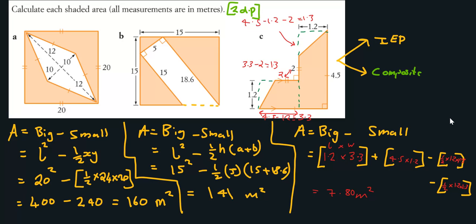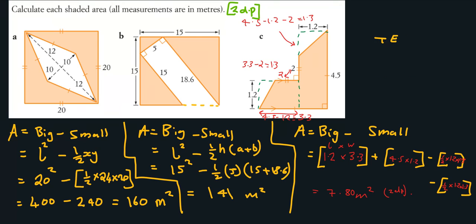Okay, so it's really important to check your work. Also to put your degree of accuracy, which is 2 decimal places.